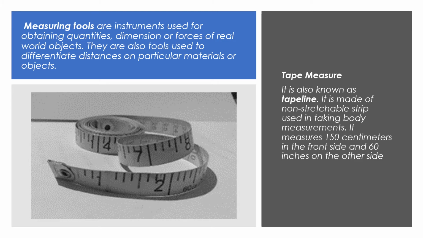It is also known as tape line. It is made of non-stretchable strip used in taking body measurement. It measures 150 centimeters in the front side and 60 inches on the other side.